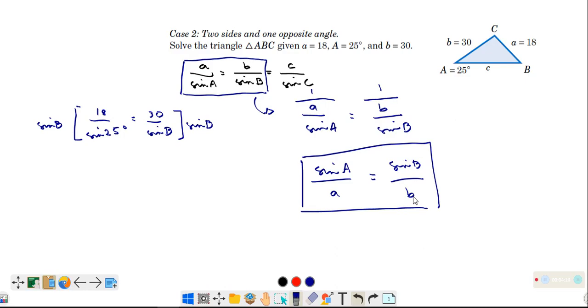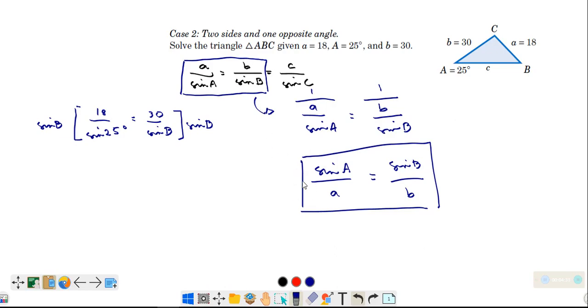Sabi ko nga, meron pang alternate na solution dito. So, if you want, you can perform multiplication property of equality on both sides. You will end up with the same answer. Katulad ng ginagawa ko dito. Yun nga lang, longer yung solution. So, I suggest you focus on this idea.